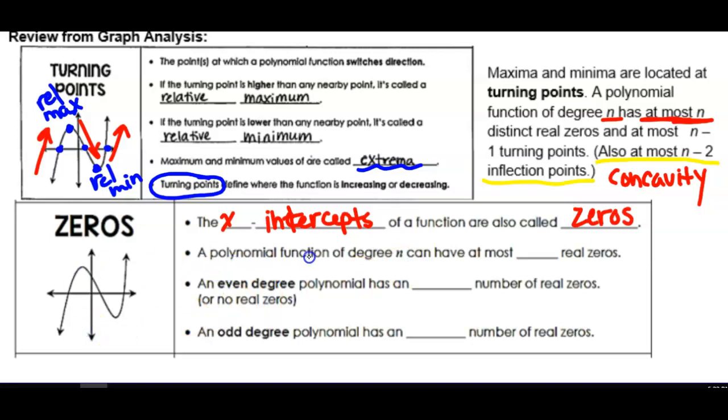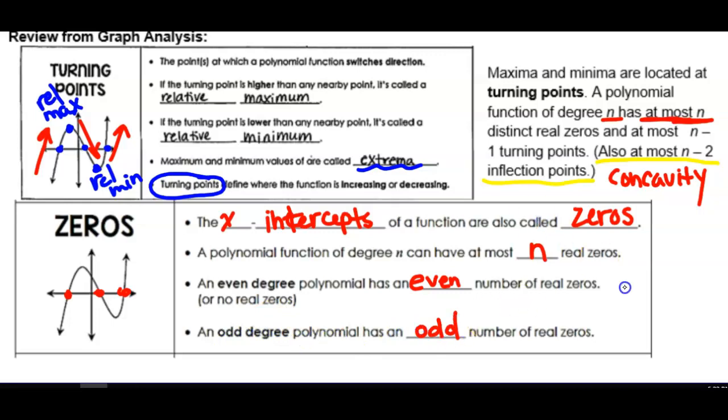All right, a polynomial function of degree n can have at most n real zeros. So this could be degree 3. An even degree polynomial has an even number of real zeros or no real zeros. An odd degree polynomial has an odd number of real zeros.